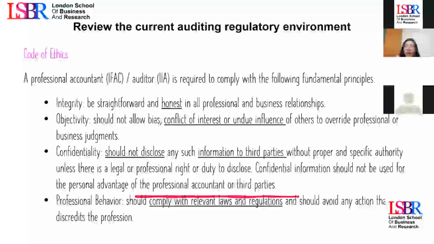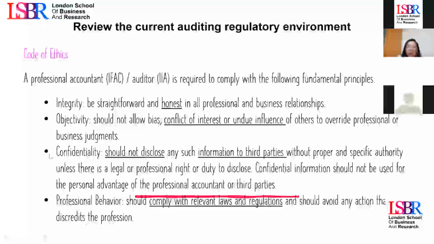But even when an auditor has this access to the information, they need to keep secret all the information that the company provides. So for that reason, they need to have confidentiality. This is an ethical part.